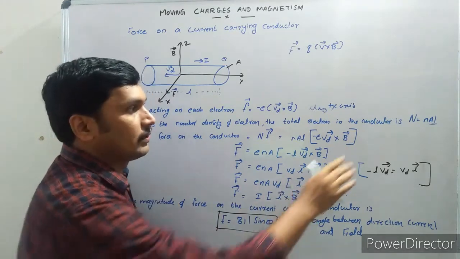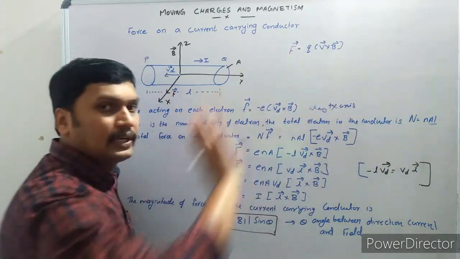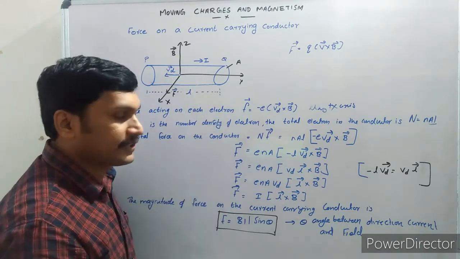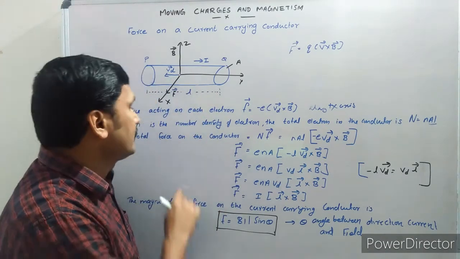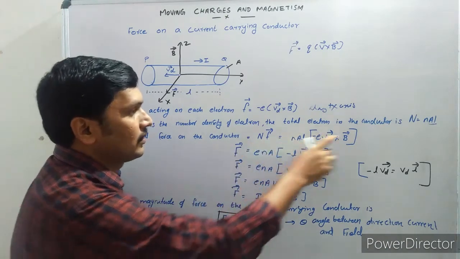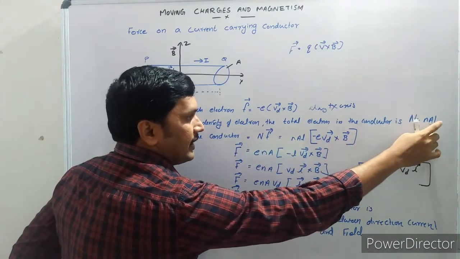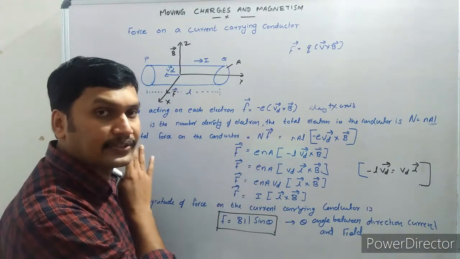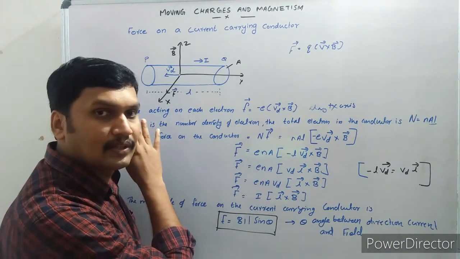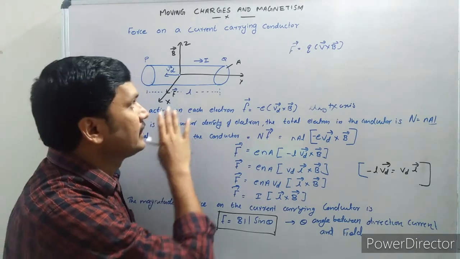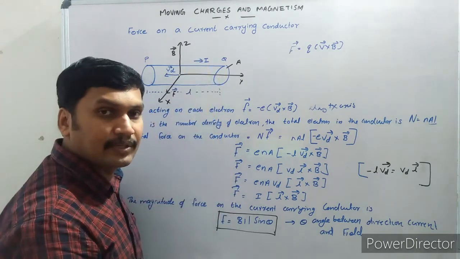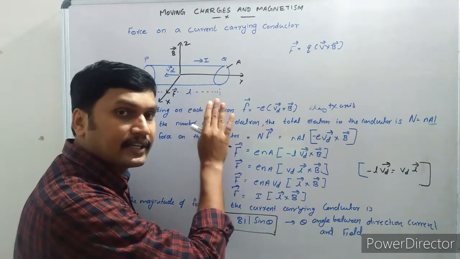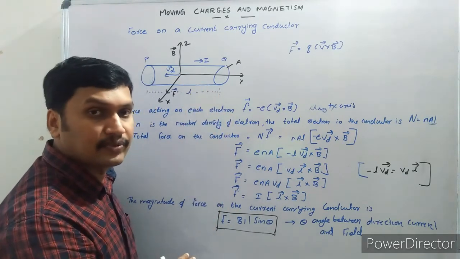So all n A L electrons will experience a force in the same direction. So the total force on all electrons, or rather the force on this conductor, because all electrons experience this much force, the conductor itself experiences that force.